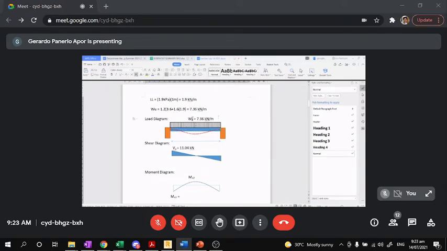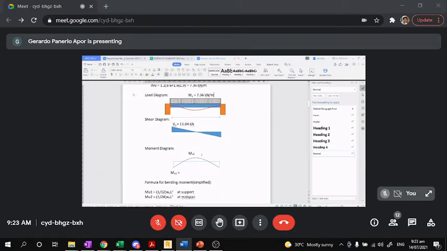Since this is factored, all your succeeding calculations like the VU and the MU are simplified also. As for this one, we have 7.36 times L squared, which is 9, divided by 12. So we have 5.52 kilonewton meter near the support.